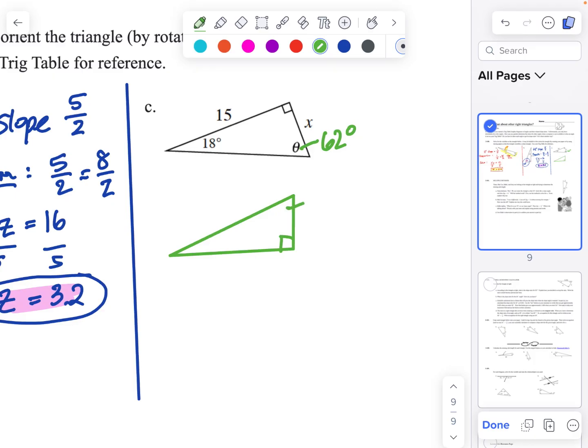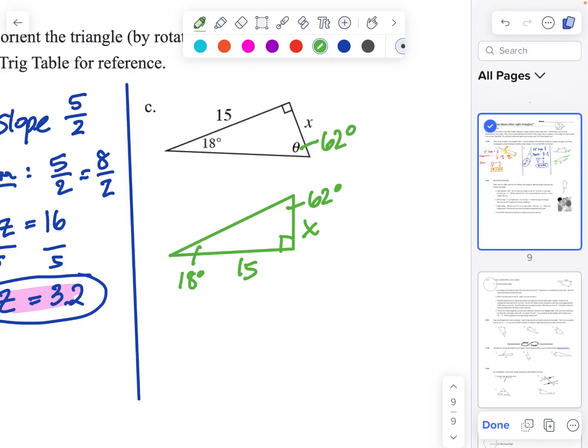And so this was my 62 degrees. This was my 18 degrees. My 15 was here and my x was there. I just did that to help me see what's going on. So now I can look at it in terms of my 18 and go rise over run for that. I think that's what I'm going to do.